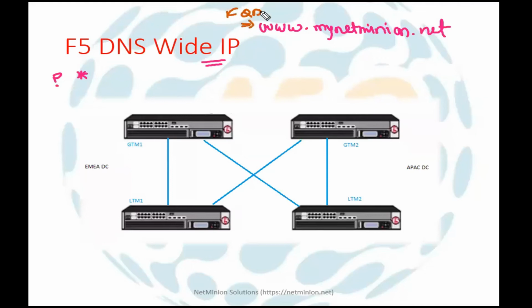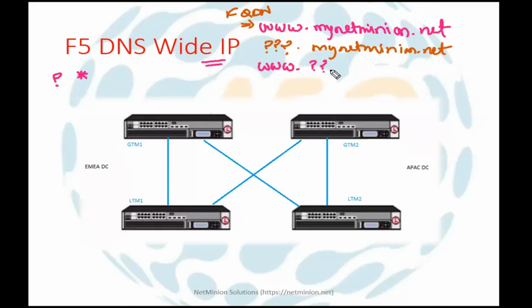Now if I wanted to change, instead of www it can be a question mark, and in the question mark there can be any one digit, so I can use my NetMinion.net. But if you don't want to replace www with a question mark, let it be www.